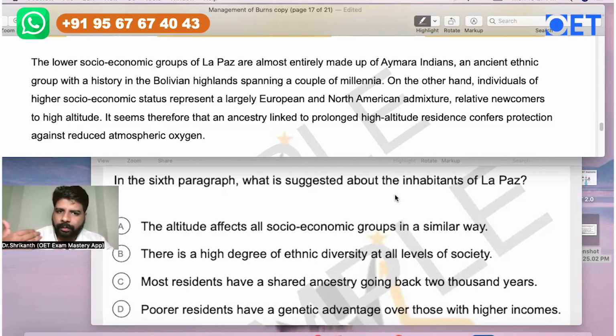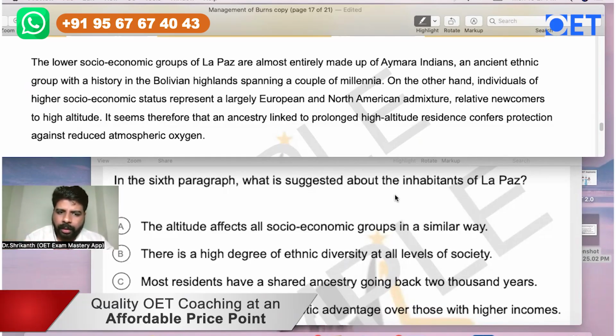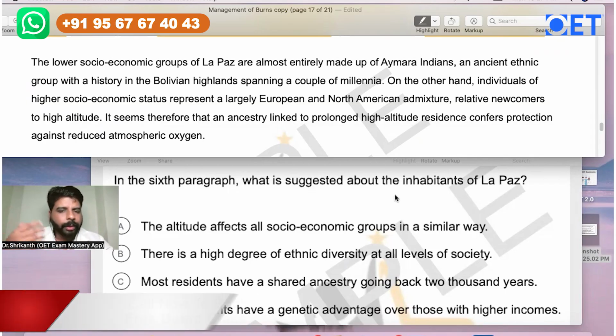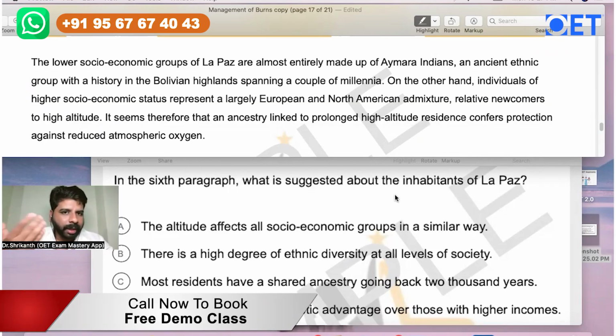So you can go back and forth. Remember when I told you, if you find it difficult, just read answer option A, read the paragraph, eliminate or keep it there. Then you come to B, read only B, then you read the paragraph. So that is what we call going back and forth.